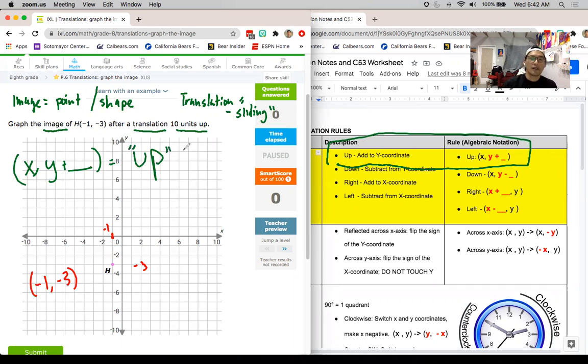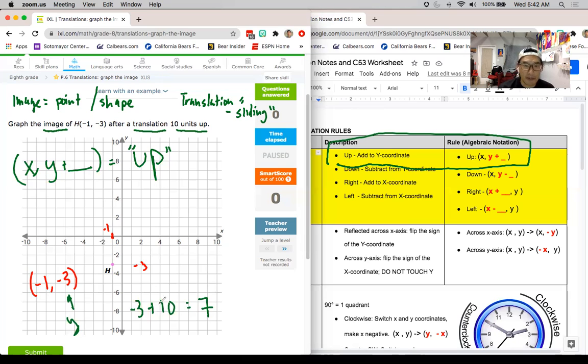Okay, so a couple ways I can do this. So if I'm going to use my algebraic notation and just start doing this addition subtraction, I know that this is my y coordinate, -3. So my y coordinate is going up 10, so it's -3 plus 10, which equals 7.